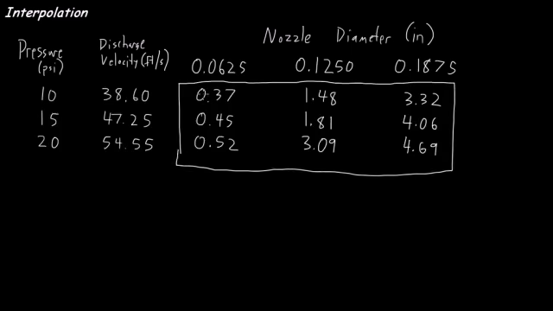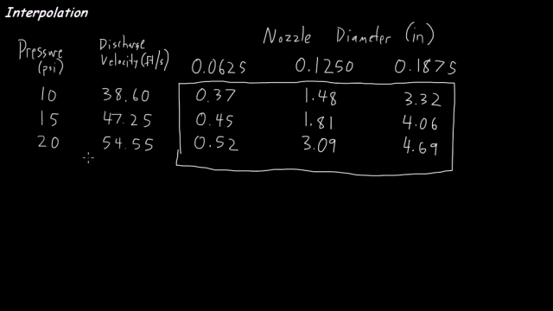So for example, 0.37 is the water discharge in gallons per minute if you have a nozzle diameter of 0.0625 inches and a pressure of 10 psi. So each of these numbers is a function of two variables, the nozzle diameter and the pressure.